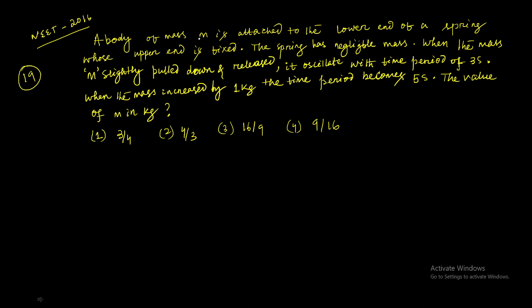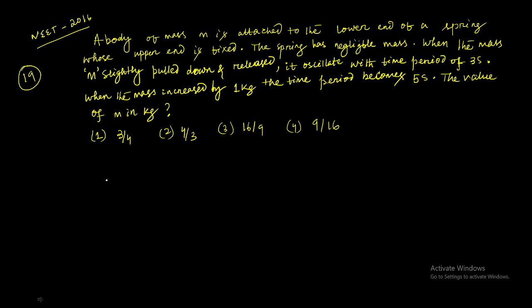A body of mass m is attached to the lower end of a spring whose upper end is fixed. The spring has negligible mass. When the mass m is slightly pulled down and released, it oscillates with a time period of 3 seconds. When the mass is increased by 1 kg, the time period becomes 5 seconds. What is the value of mass?